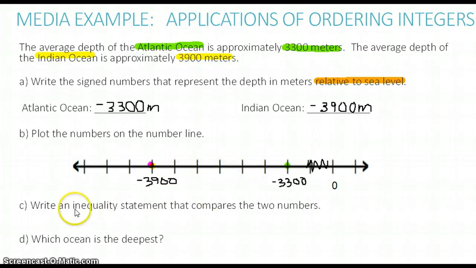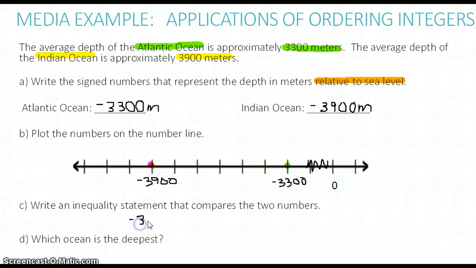The next question asks, write an inequality statement that compares the two numbers. Okay? So an inequality statement is when we use either the less than or the greater than sign. So we can see that this number is further to the left on the number line than this number, so it will be less than.